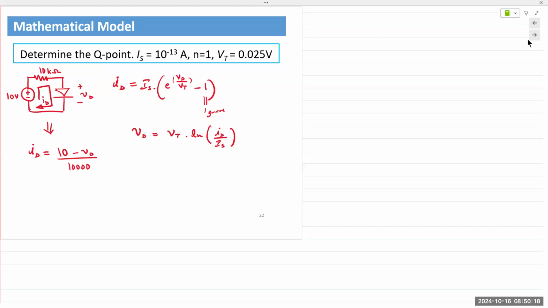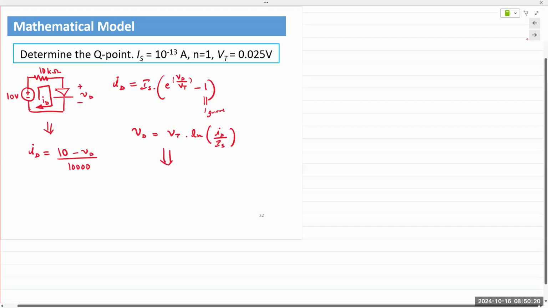So if we plug this in here, we can write VD is equal to VT times log of, and this is going to be ID, so (10 minus VD) divided by 10,000 IS.